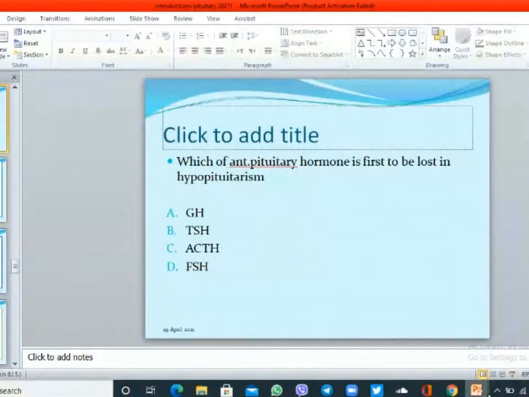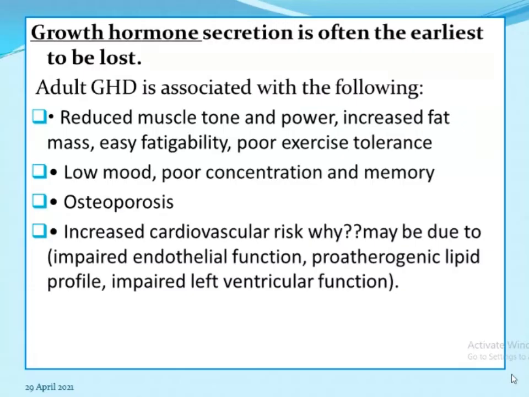Let's see. Growth hormone secretion is often the earliest to be lost, but a very important point I would like to remind you is that usually this occurs in cases of pituitary disease due to adenoma or compressive mass, which is the common cause.